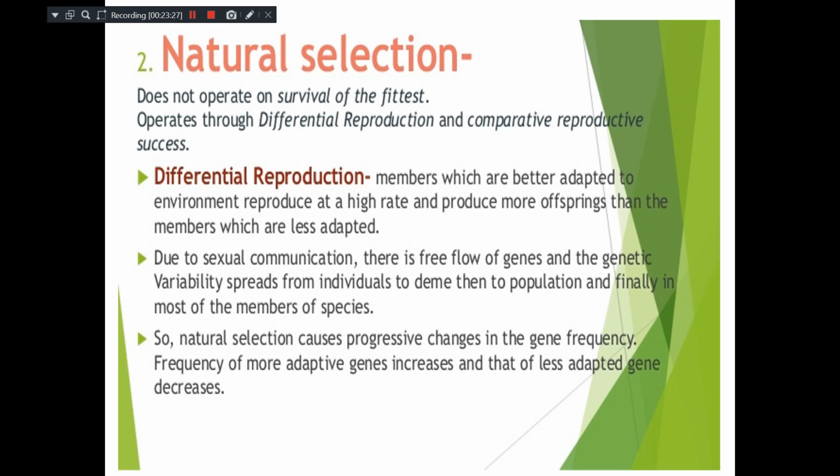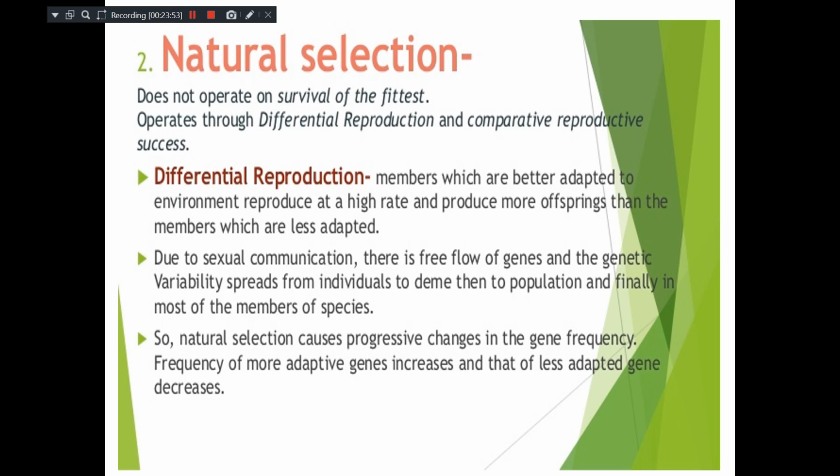The members better adapted to the environment have a high rate of reproduction, and due to the free flow of genes and genetic variability from those individuals to the population and finally to most of the members of the species, natural selection operates.